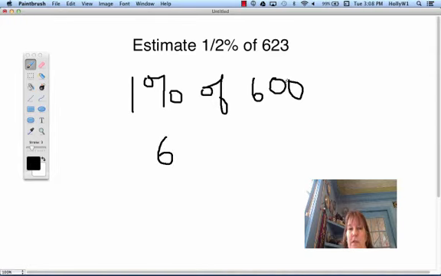Now if we're going to take 0.5% of that, we're going to take half the 1% answer. So take 1/2, and that answer would be 3. Okay, and we know that 0.5% of 600 would be 3. I hope that helps you guys.